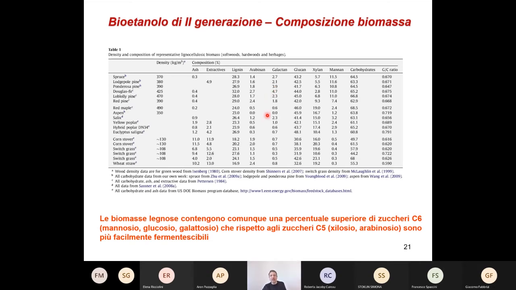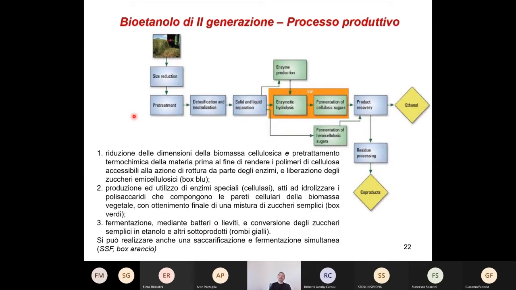And this is the detailed process for lignocellulosic biomass to final bioethanol production. So, of course, you have to make a lot of pretreatment to this biomass because we usually say that lignocellulosic biomass is very recalcitrant.